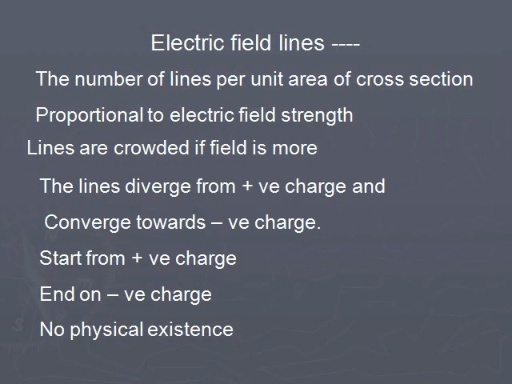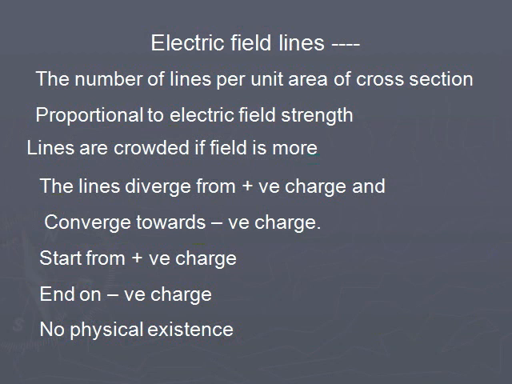At any point, an electric field will have only one value, one magnitude and one direction. So when we draw electric field lines, no two electric field lines will intersect. If they intersect at a point, that means the field has two directions. It's not possible.